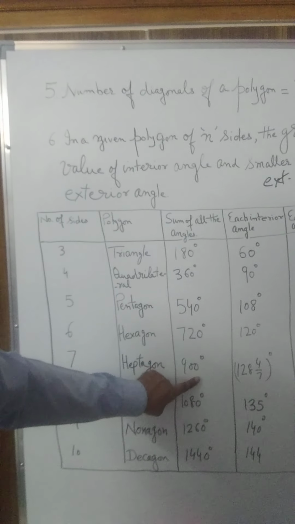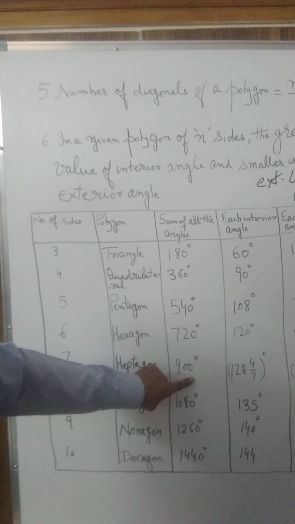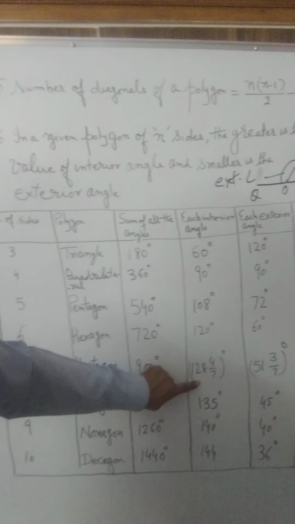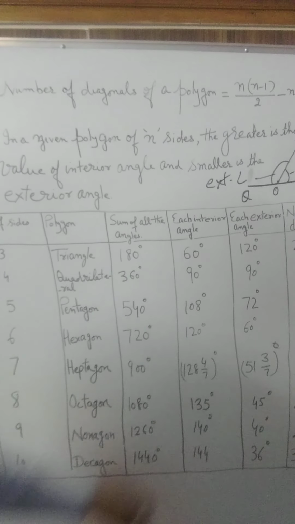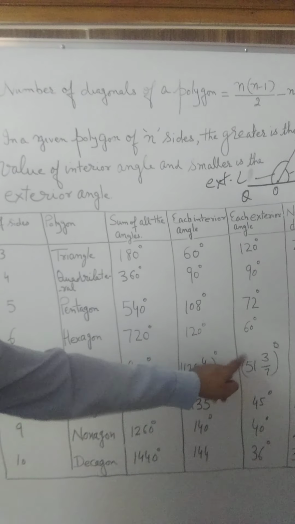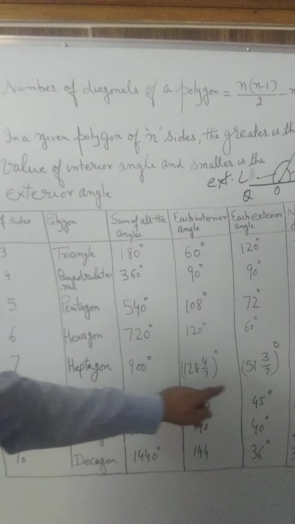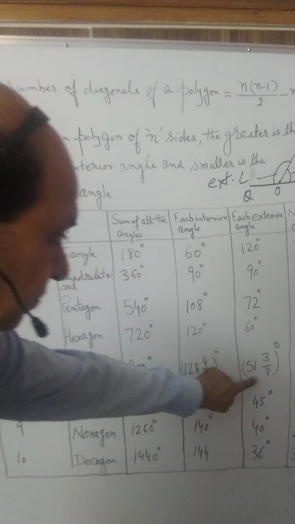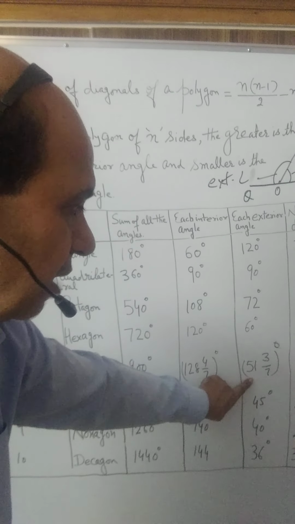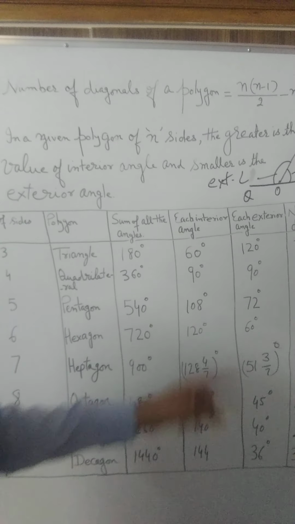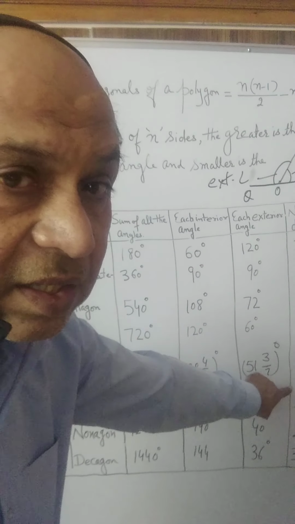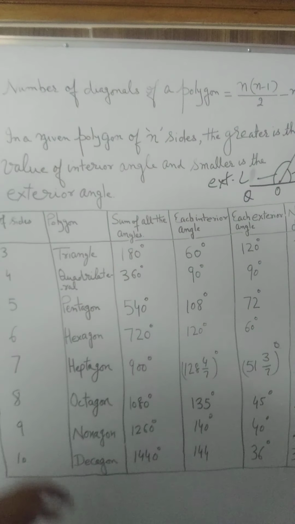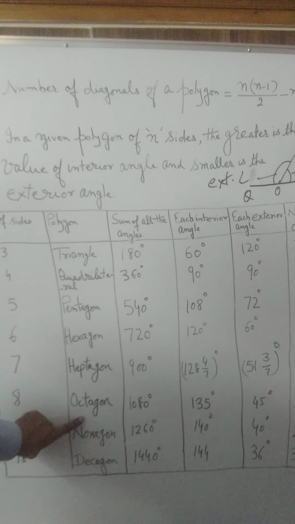It has sum of all the angles 900 degrees. Each interior angle is 128 4/7 degrees, and each exterior angle is 51 3/7 degrees. If we add them, we will get 180 degrees complete as the sum of interior angle and exterior angle, and it has 14 diagonals.